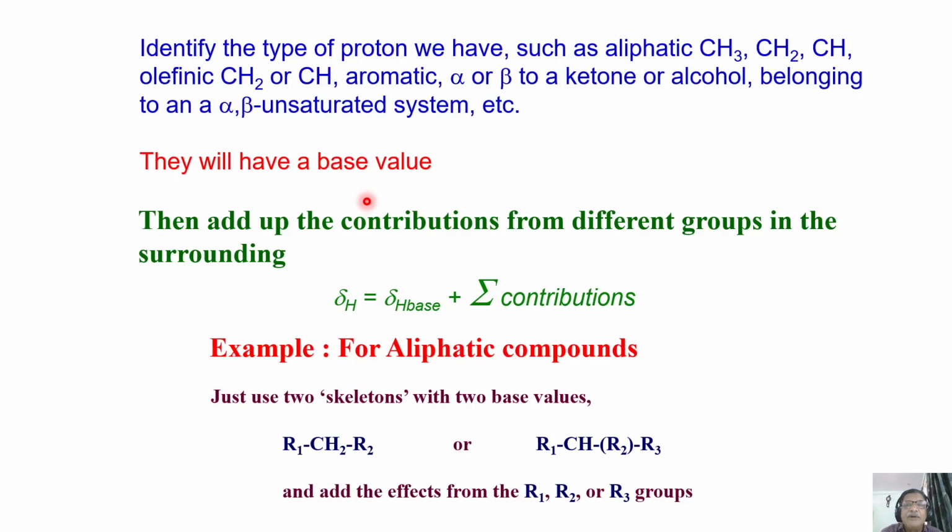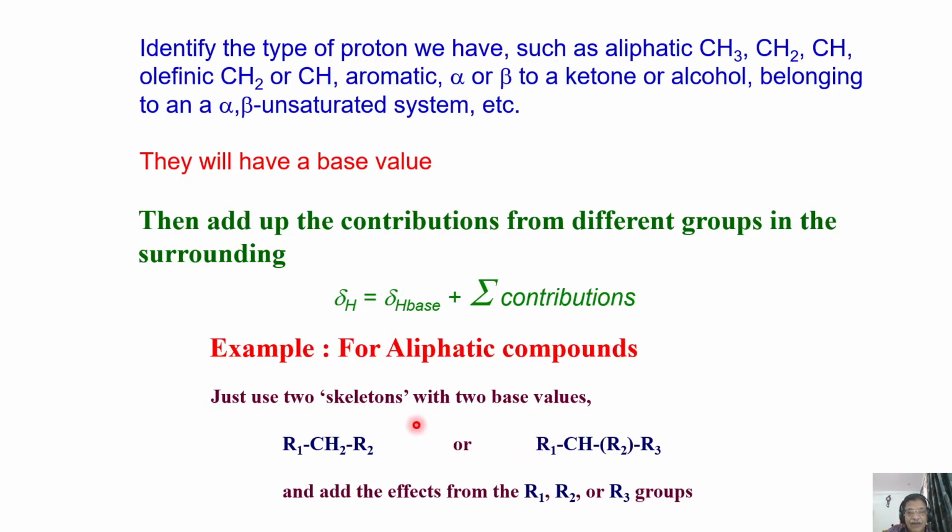People have worked it out, and we know what that base value is. To start, the value is given to you. You don't need to worry about it. Then start summing up the various contributions one by one. Keep on adding everything and find out the total chemical shift you get. You get the point. That should be your predicted chemical shift after adding all the contributions to the base value.